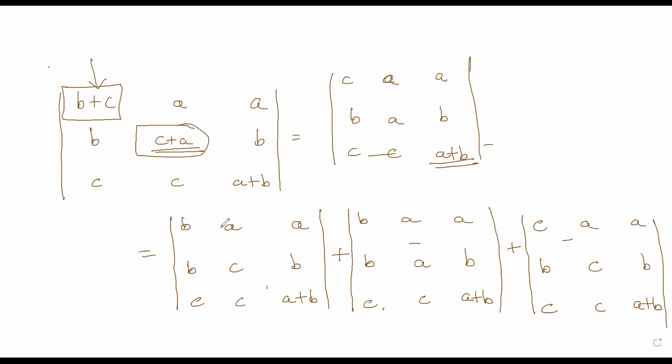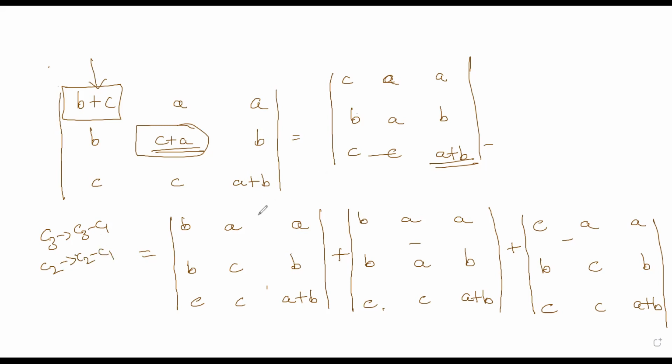So just look at it. What I will do is, I will keep C1 as is, and change C2 and C3. So the first determinant is like that. C3 I will do as C3 minus C1, and C2 I will do as C2 minus C1.